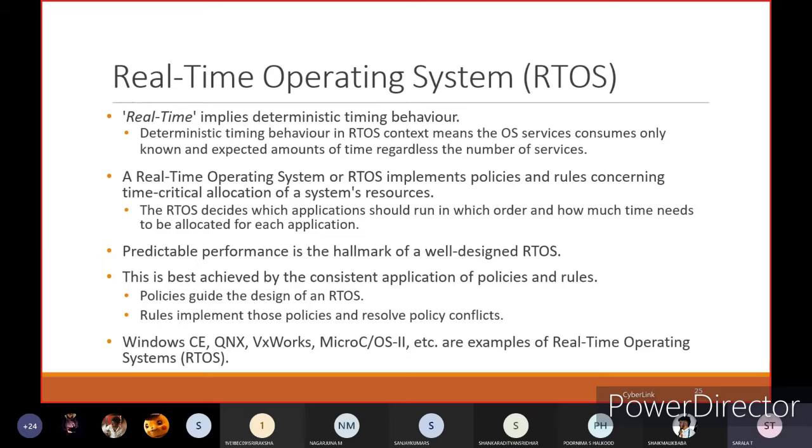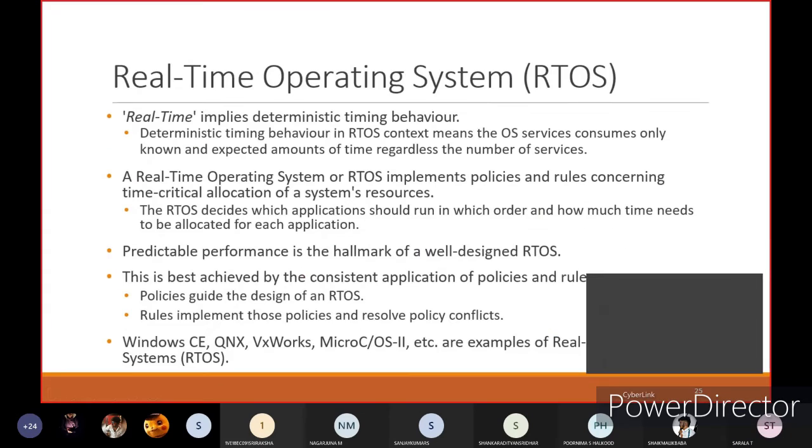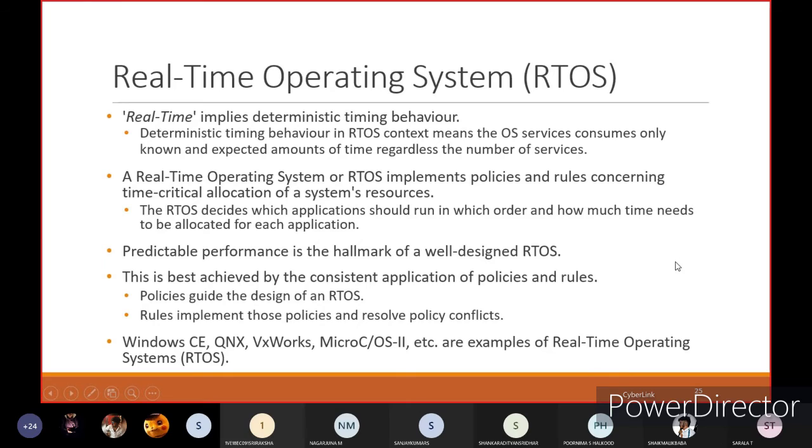Policies guide the design of the RTOS. Rules implement these policies and resolve policy conflicts. That is, policies will guide how to design your real-time operating system and how to align each and every part of your RTOS. These are the policies which will guide us to generate the real-time operating system.